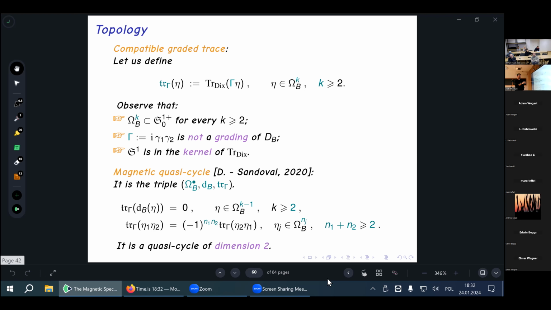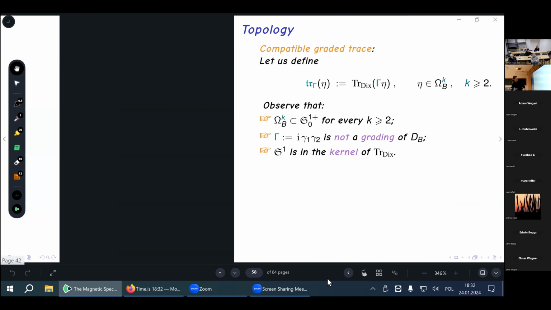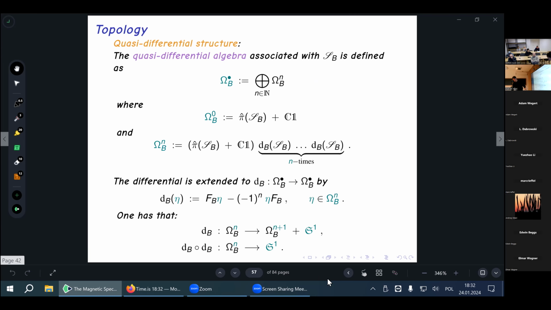It is not an exact grading of my Dirac operator. But now I want to construct a cycle in the sense of non-commutative geometry. I call this cycle a quasi-cycle just because these relations are not exact.